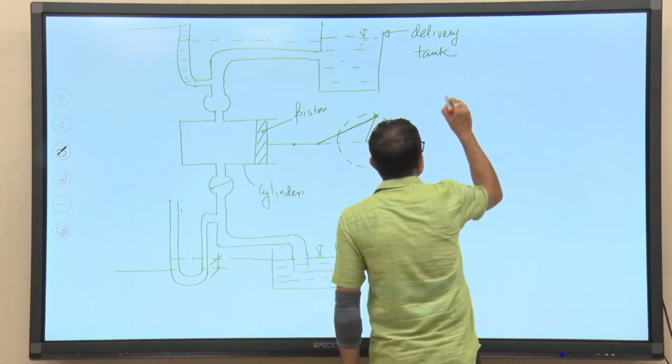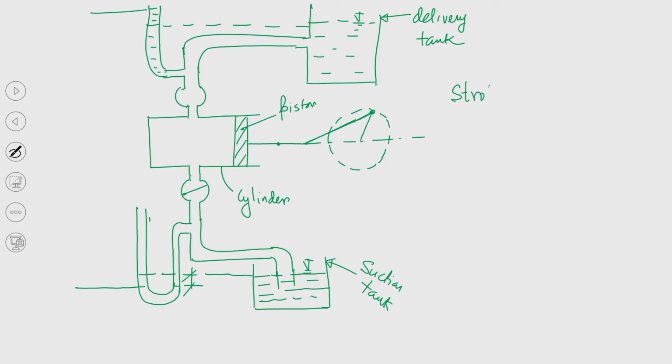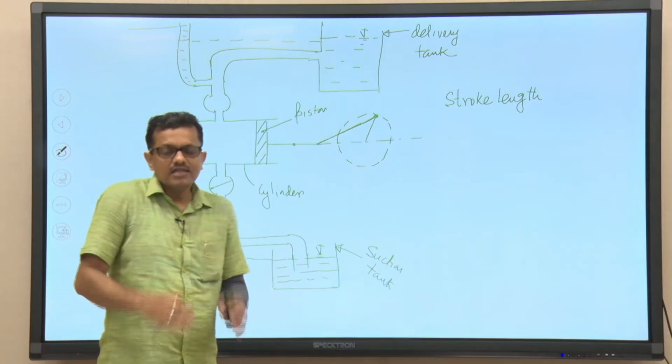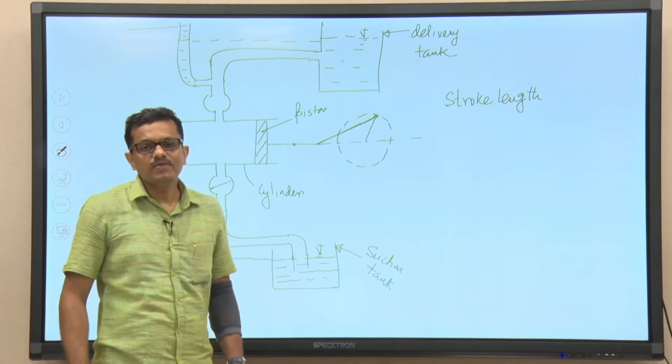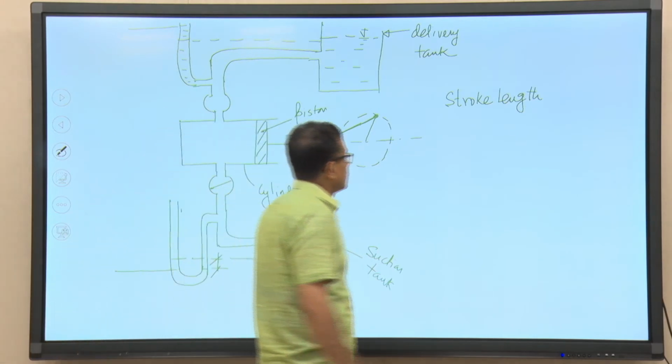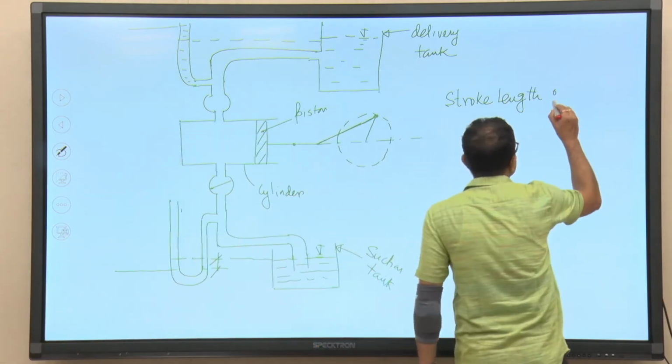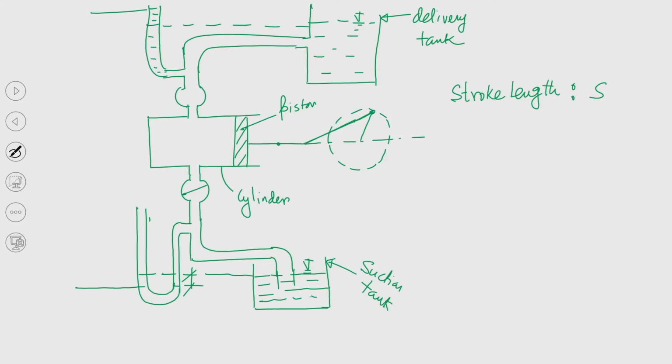So, I am writing stroke length, that is the length over which the piston will have reciprocating movement. Say this is S.